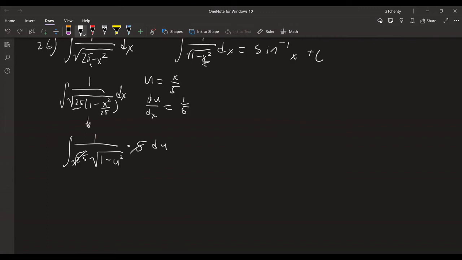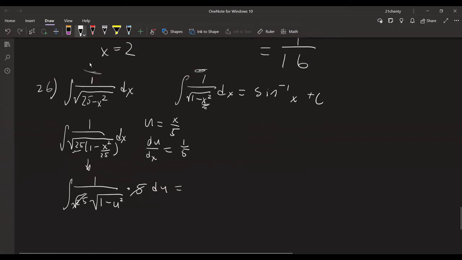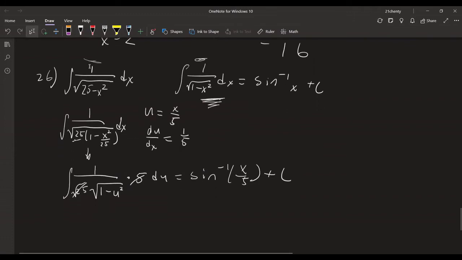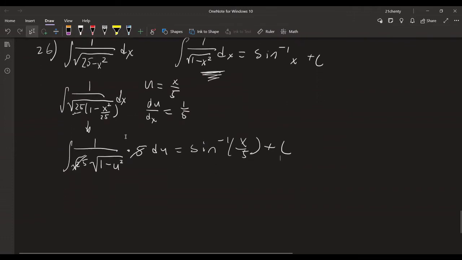These cancel out, and we are left with this. Oh, that's not what I meant to do. We're left with this. So we can just apply the formula. We get arc sine of u, and then u is x over 5. So arc sine of x over 5 plus C is our answer.